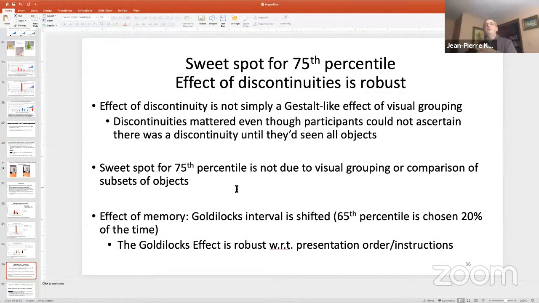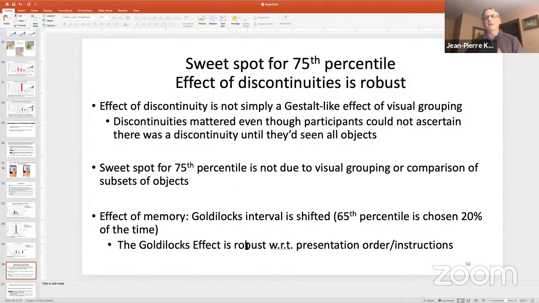And third, there is an effect of memory, so the Goldilocks interval is shifted somewhat. Namely, 20% of our participants chose the 65th percentile when there was no significant discontinuity in an array, whereas 0% of our participants chose that percentile when the objects were presented together simultaneously.